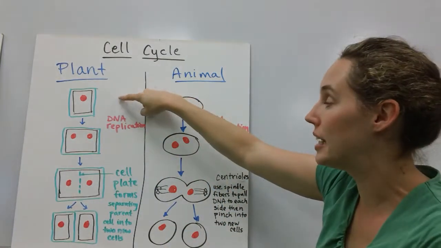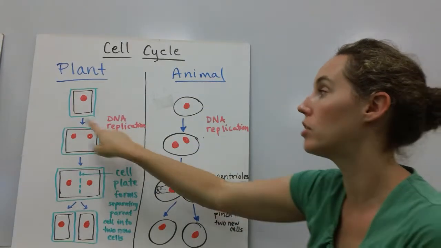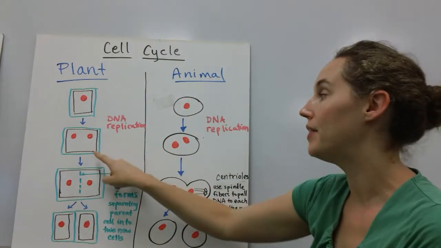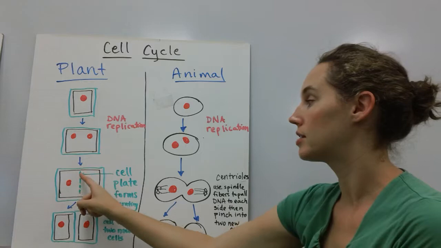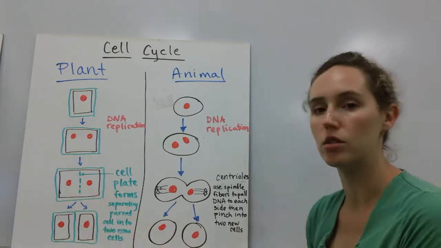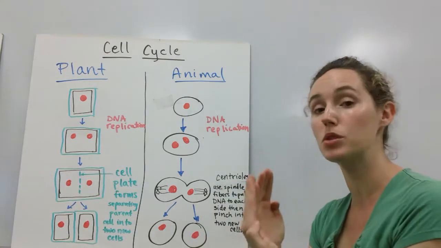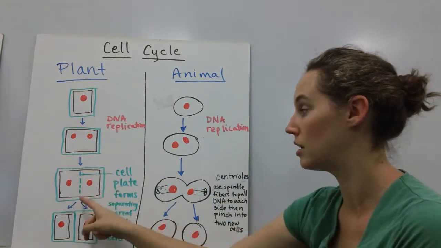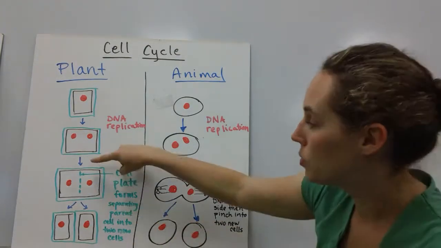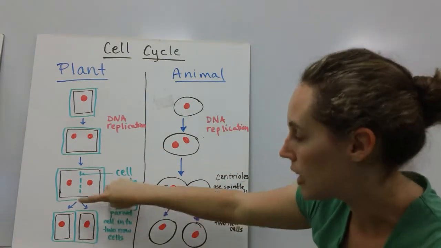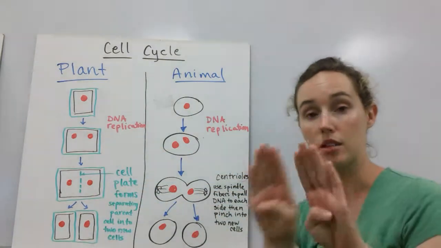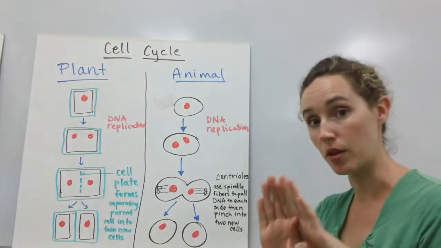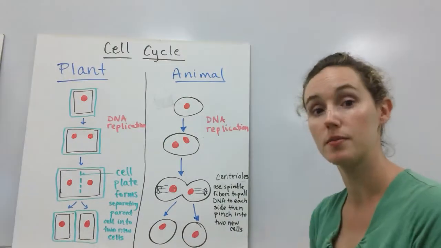So our DNA is going to replicate as our cell gets larger, and then a cell plate made of cellulose starts to form in between the two sets of DNA in the plant cell. So you can kind of see that here. And then finally, when that cell plate solidifies, you have two new plant cells that are stuck right up next to each other, divided by a wall of cellulose.